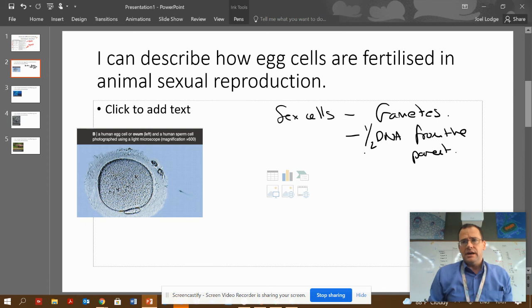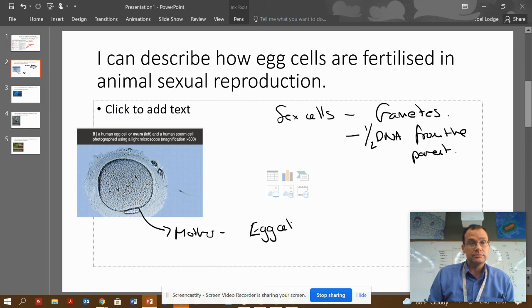So if each parent, for example, the female, the mother, is producing one of these gametes, one of these sex cells, called the egg cell, that will have half the DNA from the mother.